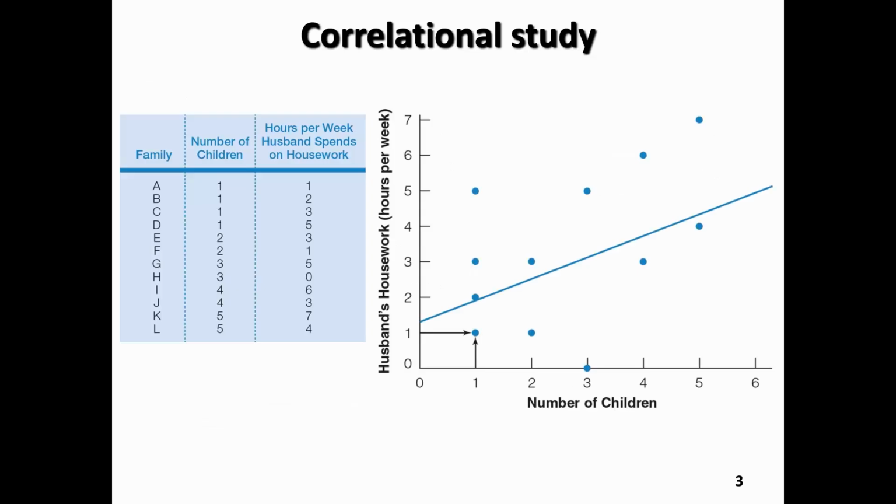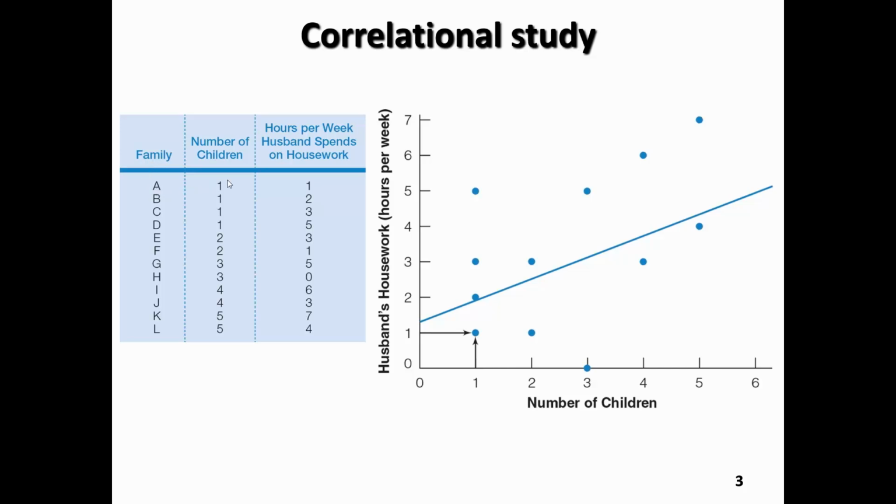In this example, which is just a hypothetical example, we look at the relationship between two variables: number of children and, in this hypothetical study, the hours per week husbands spend on housework. In this particular study, there are a number of cases identified by individual families.